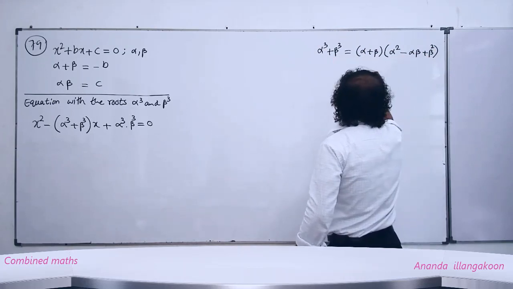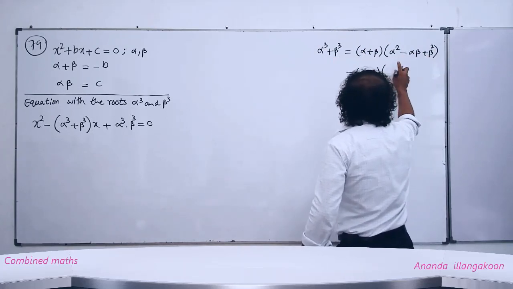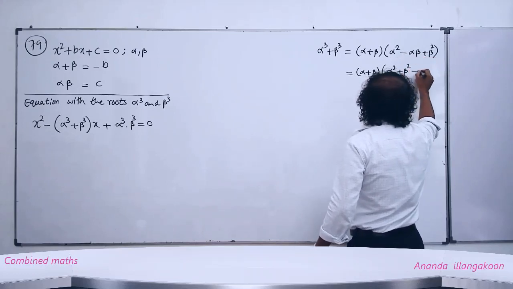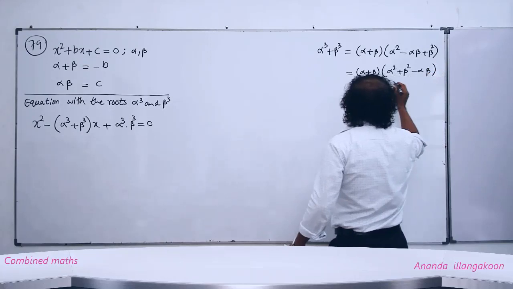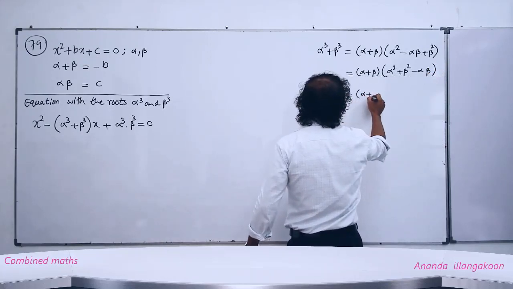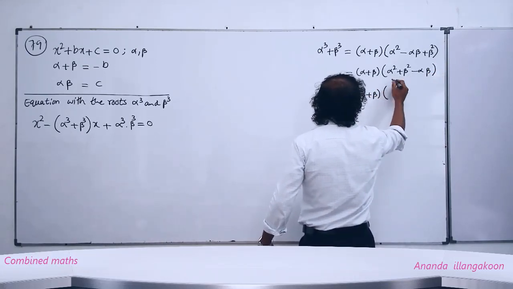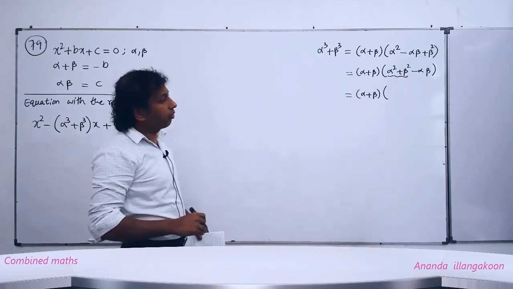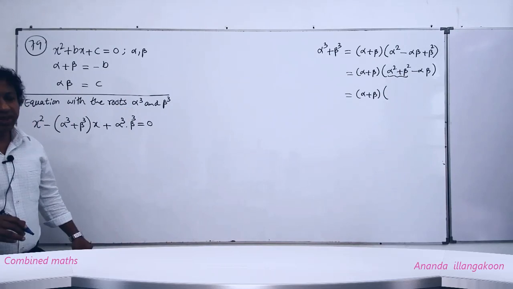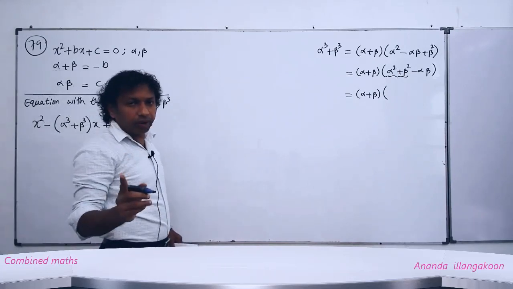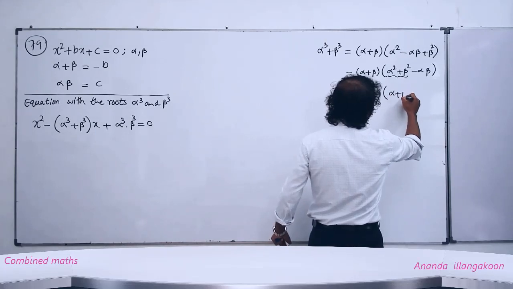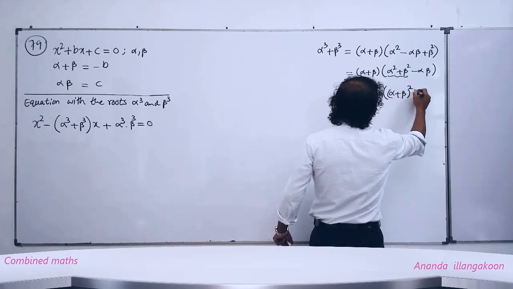Then you can remember we wrote this alpha squared plus beta squared together, minus alpha beta. Alpha squared plus beta squared we can write, people, how? Alpha plus beta perfect squared minus 2 alpha beta.